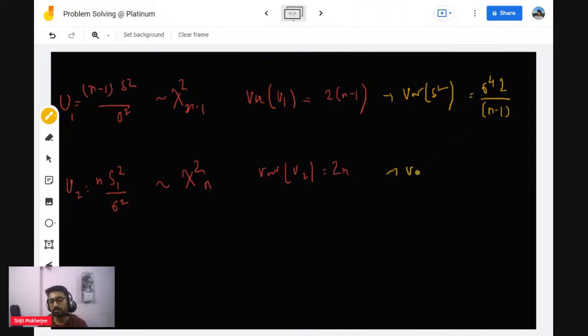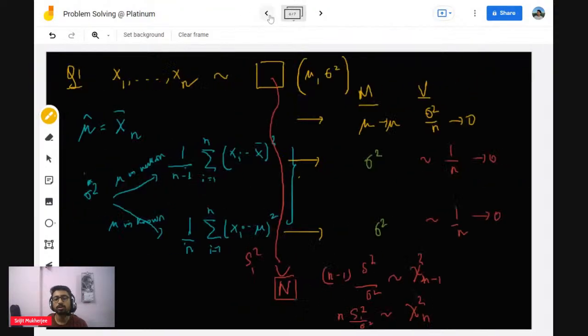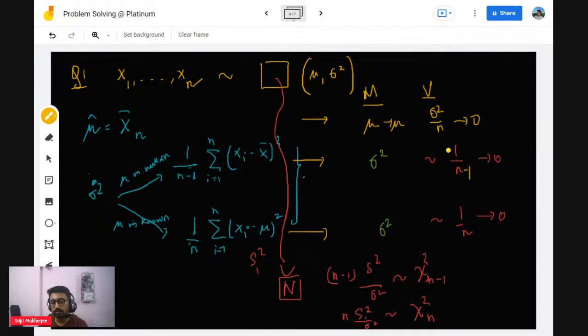And here the variance of s1 square will be twice sigma to the power 4 by n. So you see that they are proportional to 1 over n minus 1 and 1 over n. So it's going to 0.